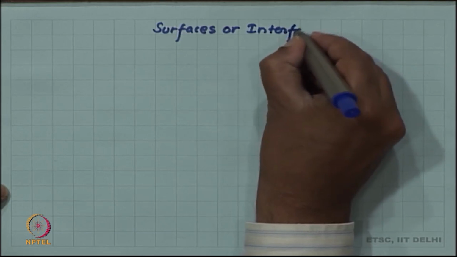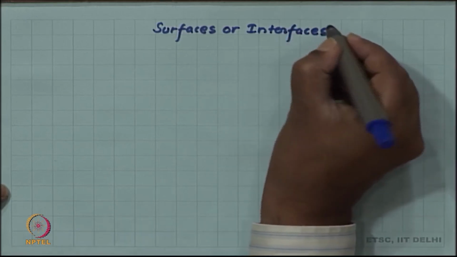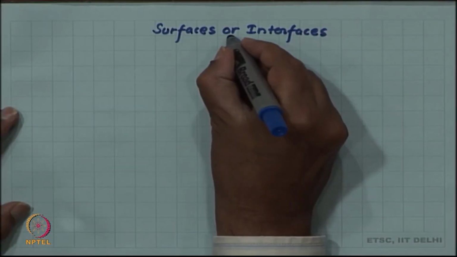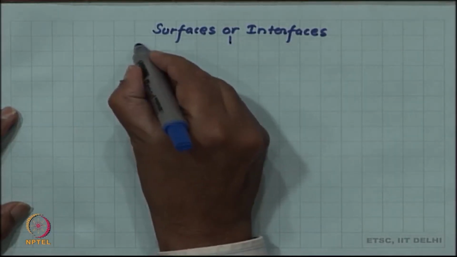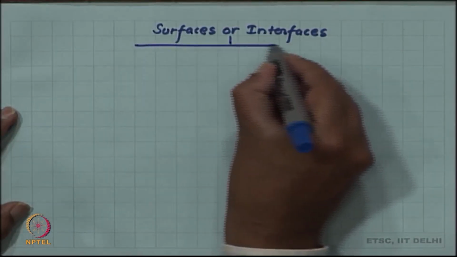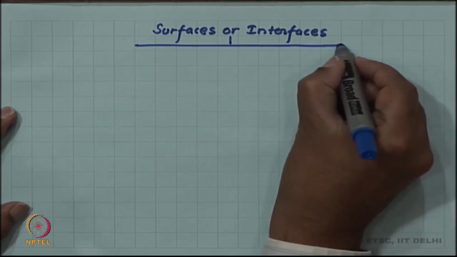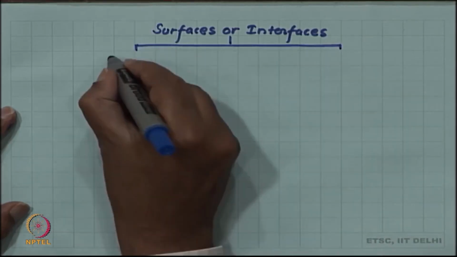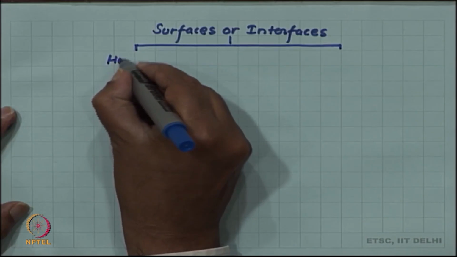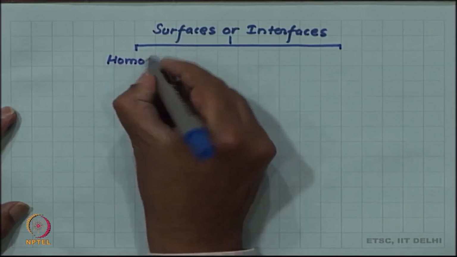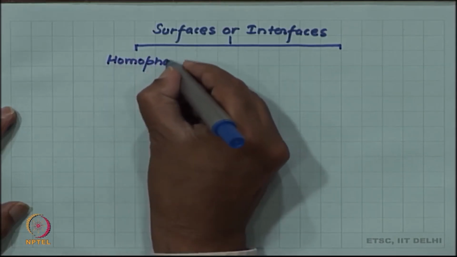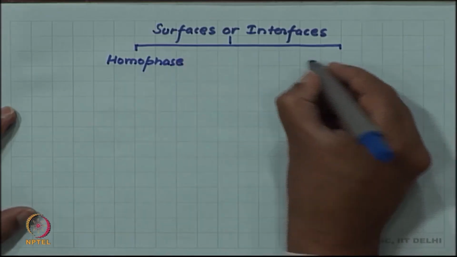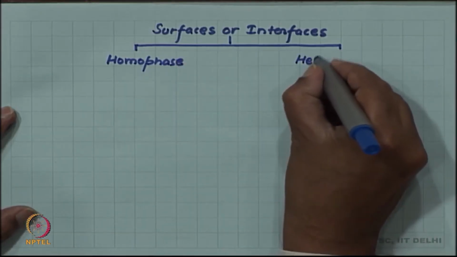Surfaces or interfaces. Initially, let us divide them into homophase interfaces or heterophase interfaces.